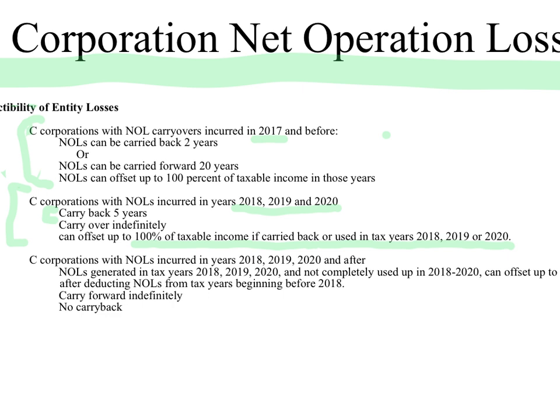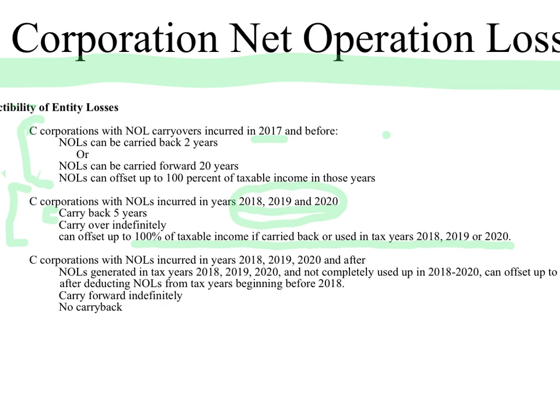So what that means is for net operating losses that were generated in 18, 19, or 20, if you were carrying them back or carrying them forward, they could offset 100% of your income. Okay, so kind of similar to the pre-Tax Cuts and Jobs Act rules.